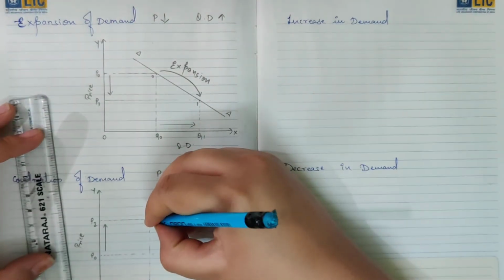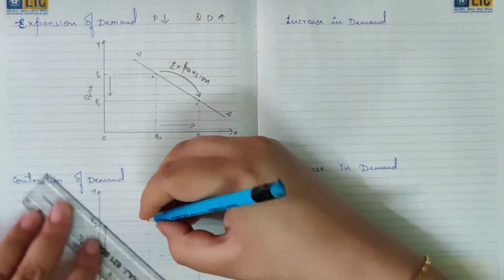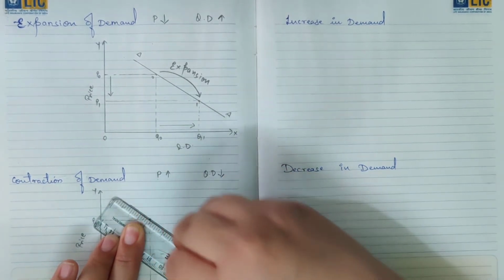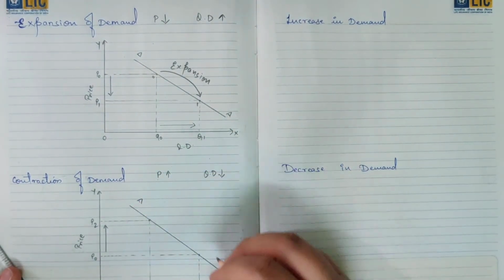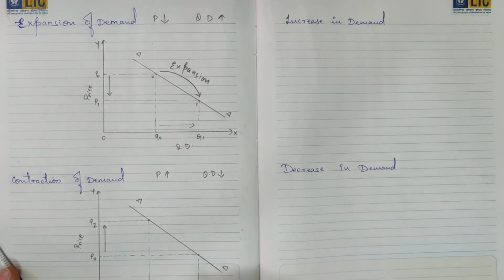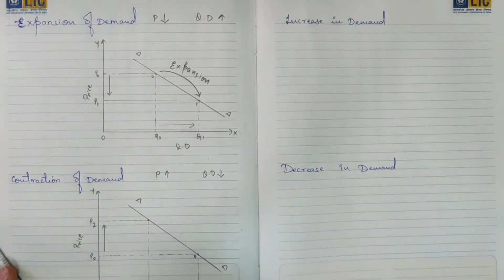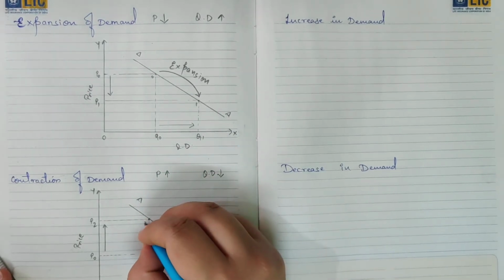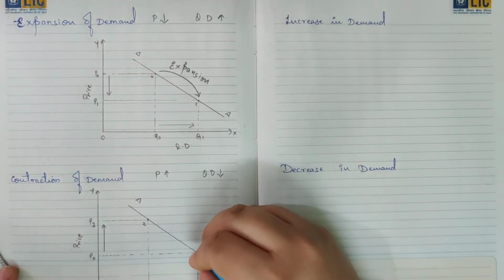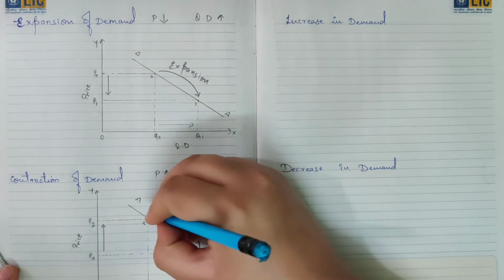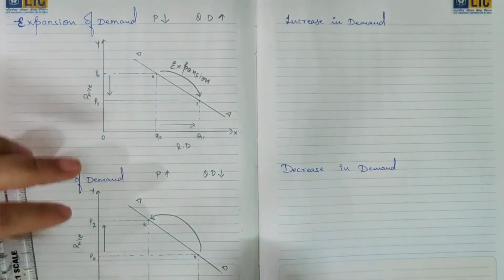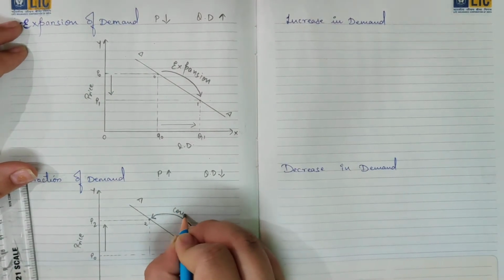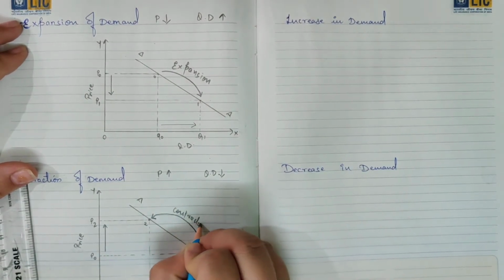Now these are the two combinations which you got. Joining these two combinations will give you a downward sloping demand curve. Now 0 is the point here, and this is point 2. So from 0 to 2 you will move, and this upward movement is known as contraction of demand.